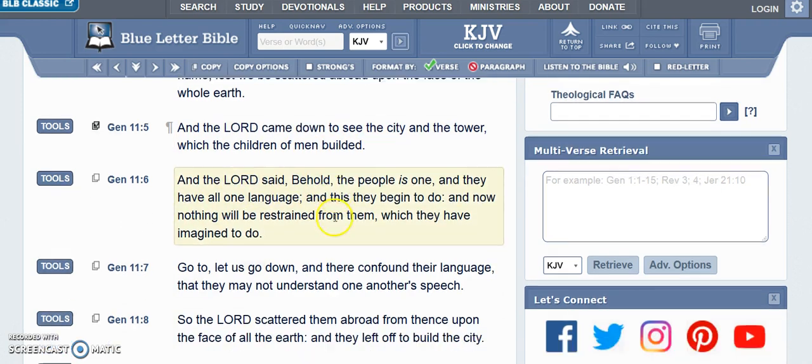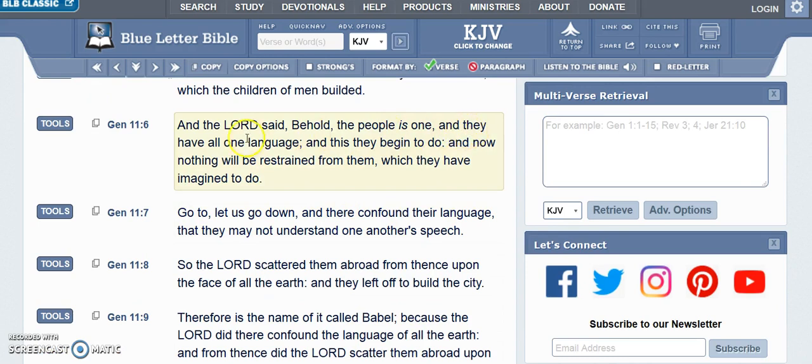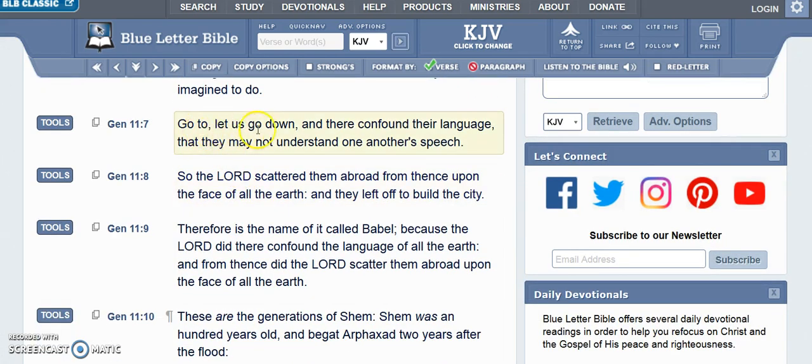And the Lord said, Behold, the people is one, and they have all one language, and this they begin to do, and now nothing will be restrained from them, which they have imagined to do. Go to, let us go down, and there confound their language, that they may not understand one another's speech. It's coming up in Genesis 11:7.